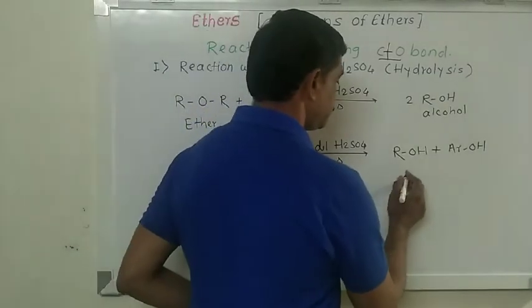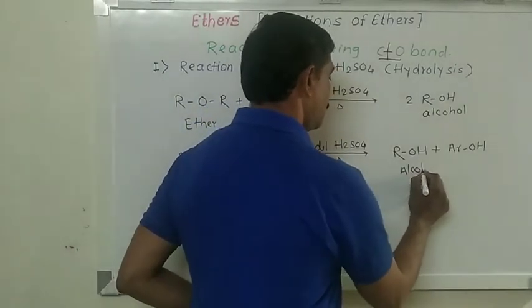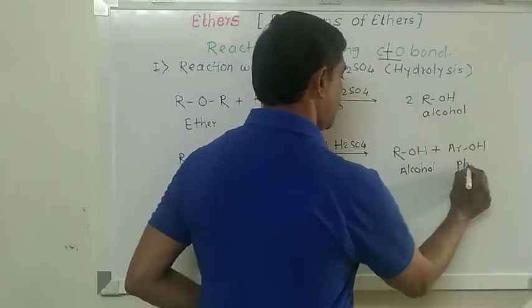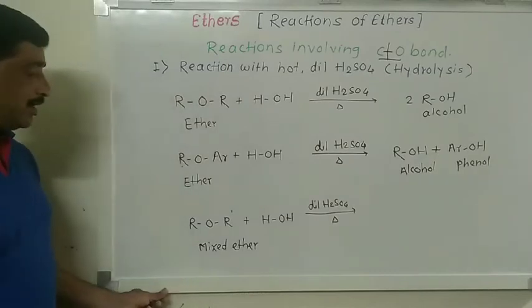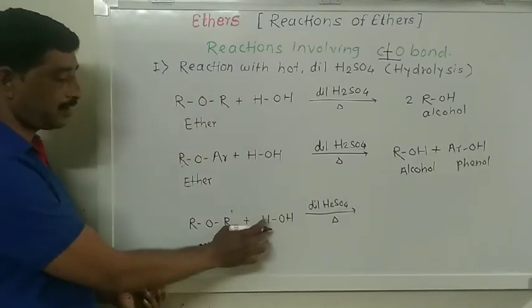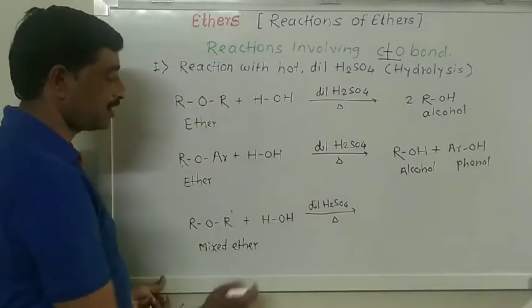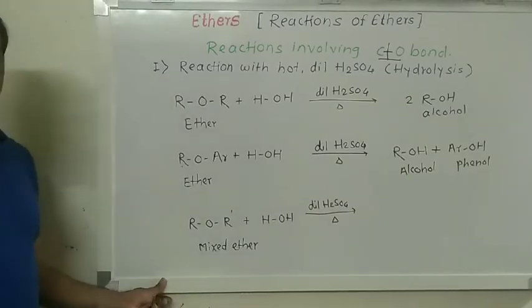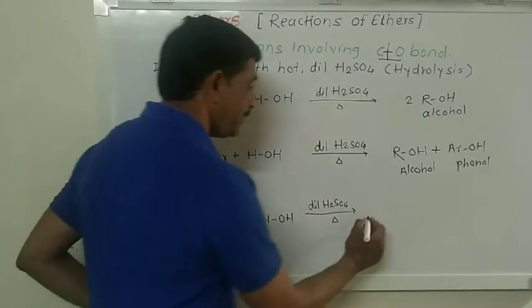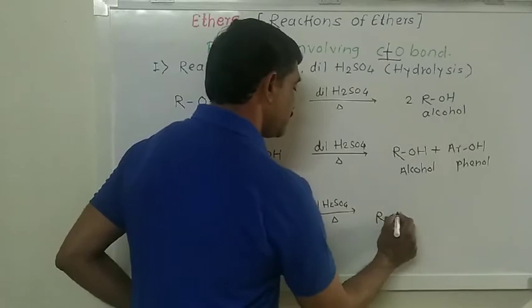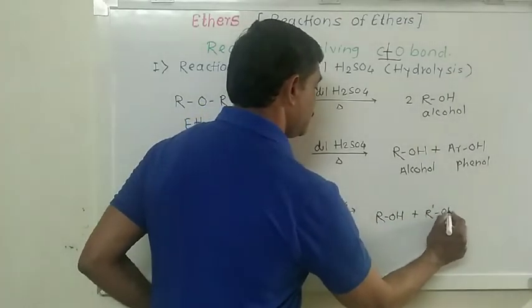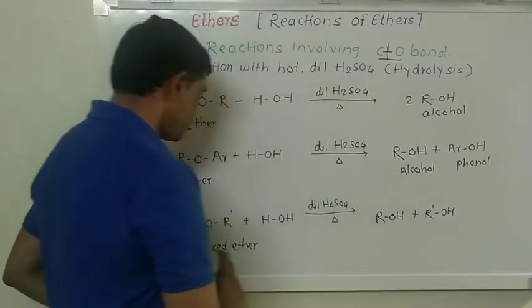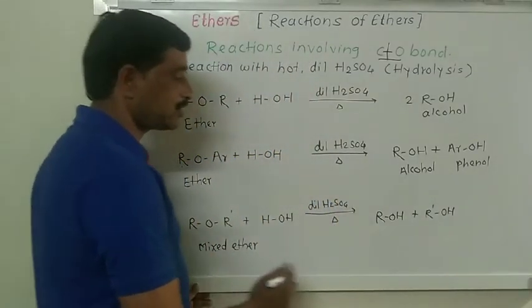So an alcohol and phenol mixture is formed after the hydrolysis. And when mixed ethers are reacted with hot and dilute sulfuric acid, they also undergo hydrolysis, and they will give a mixture of two alcohols.